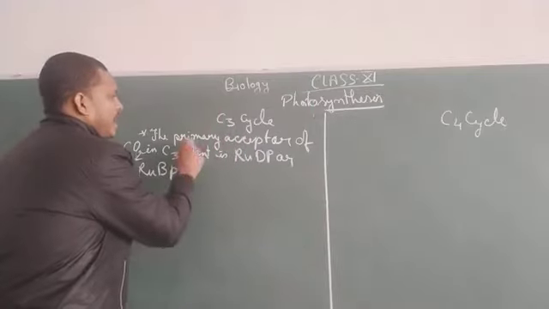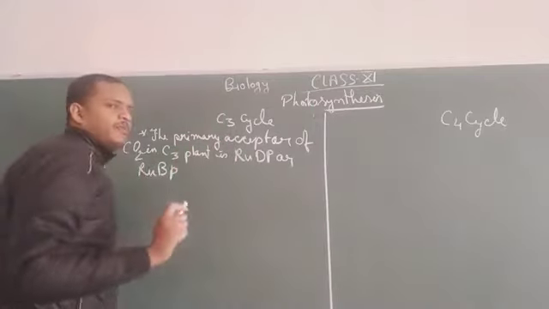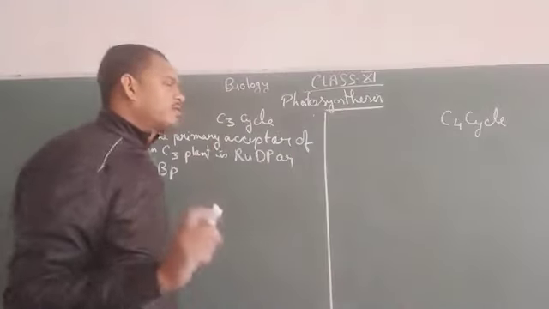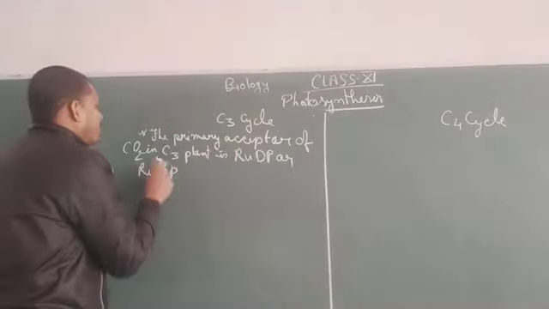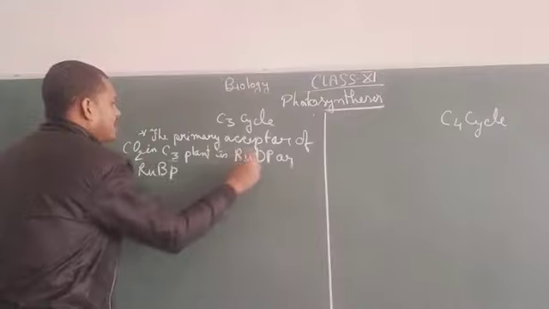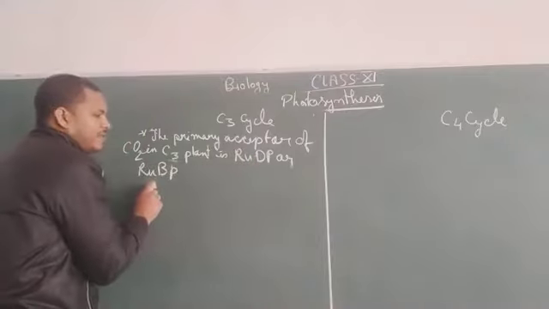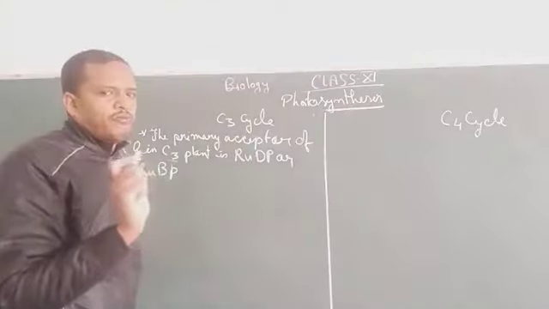In this case, the primary acceptor of carbon dioxide, because the first step is carboxylation, in a C3 plant is RuBP, that is ribulose bisphosphate.